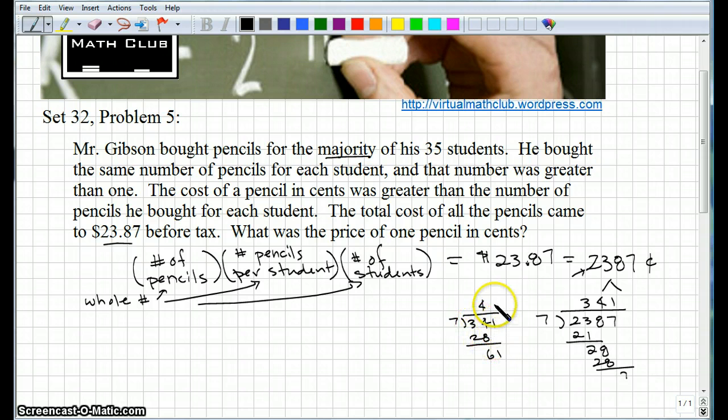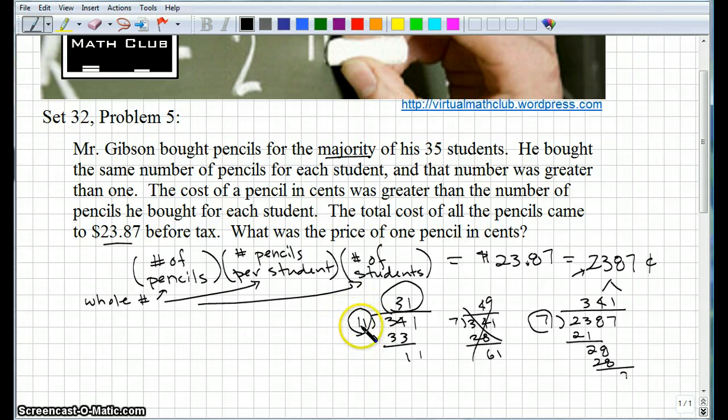So it's not divisible by 7. So the next prime number is 11. Let's try dividing by 11. 341 divided by 11 is 31. Hey, look at that. So 31 is a factor, and 7 is a factor, and 11 is a factor.